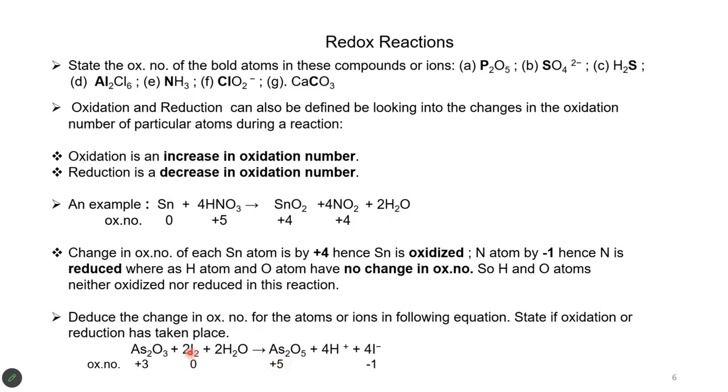Here iodine is 0, and here iodine is -1, so the change of oxidation number is -1. Therefore, in this reaction, this atom is oxidized and this atom is reduced.